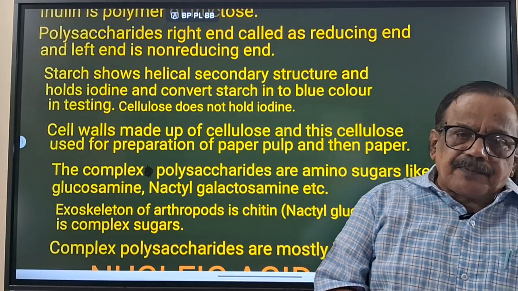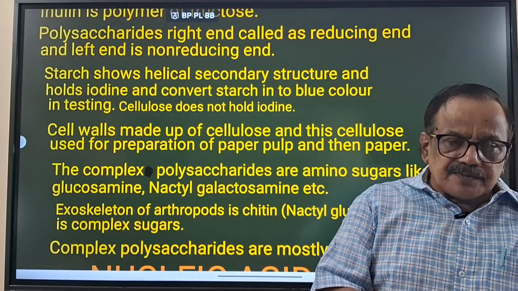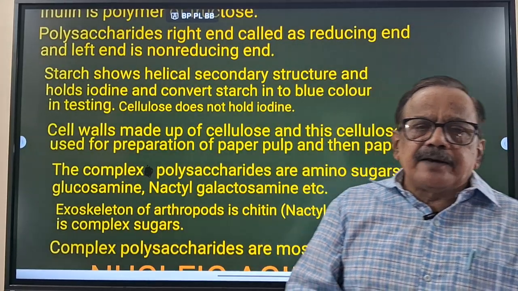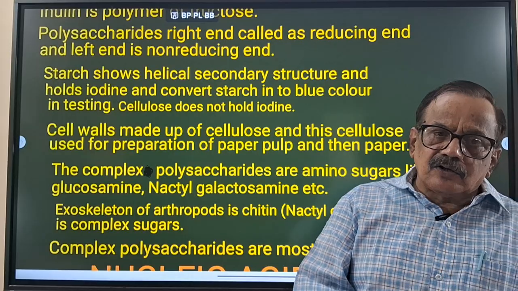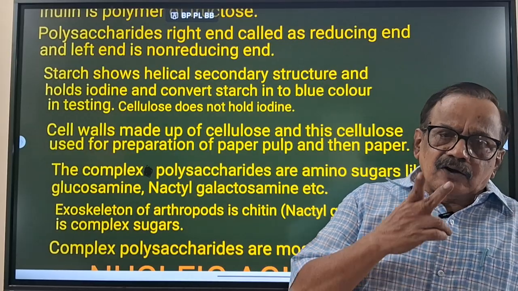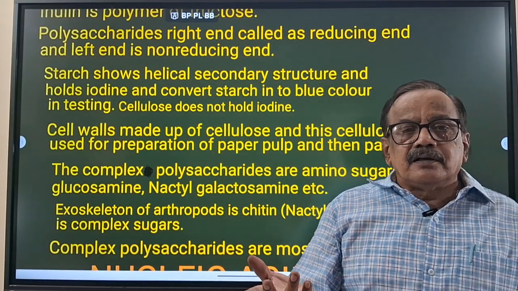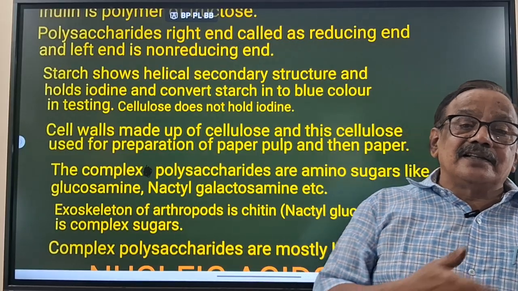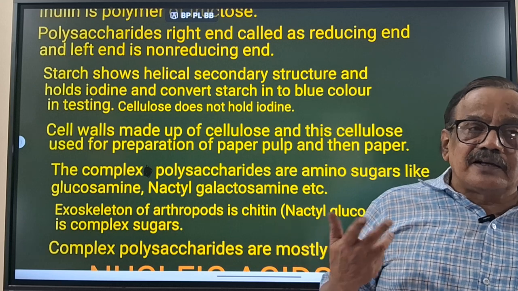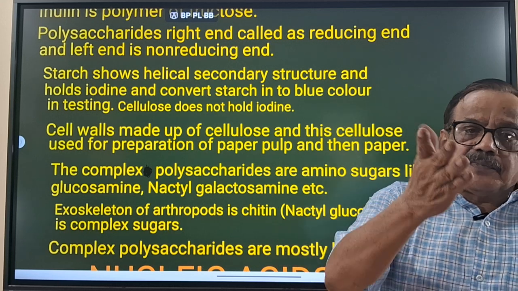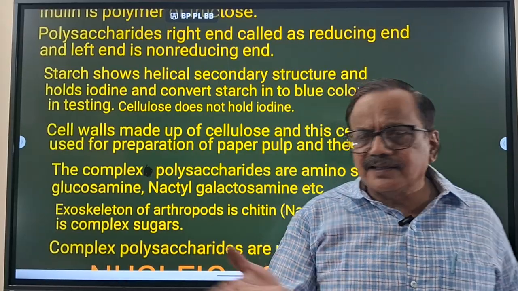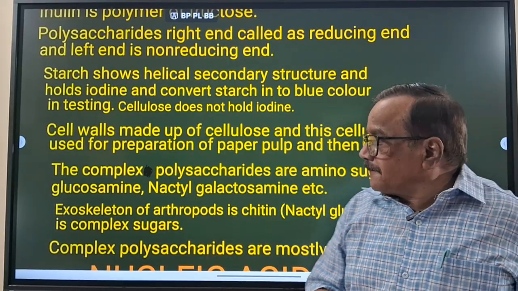So first the paper pulp is prepared, he has given both the words, then it will become paper. And both will be done by the cellulose. Cellulose is a polysaccharide and it is a homopolymer. And it won't turn into color because it is a chain, it won't catch the iodine. It cannot hide the iodine in that. All these are about the cellulose only.